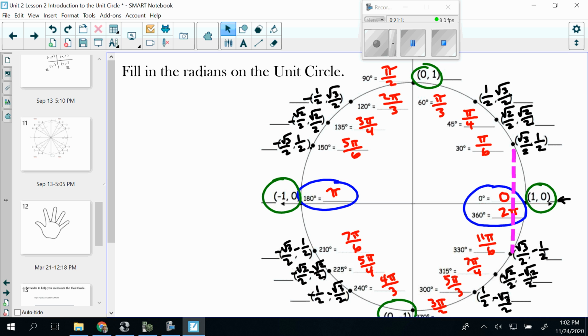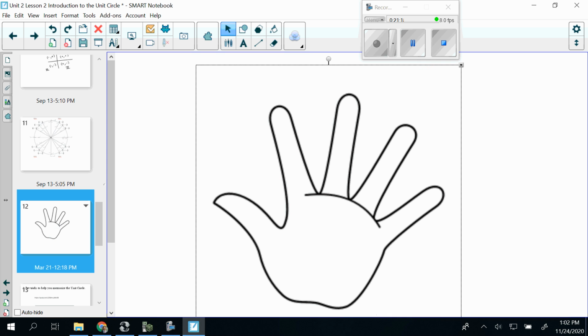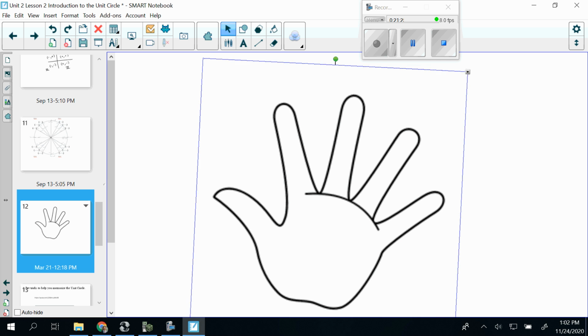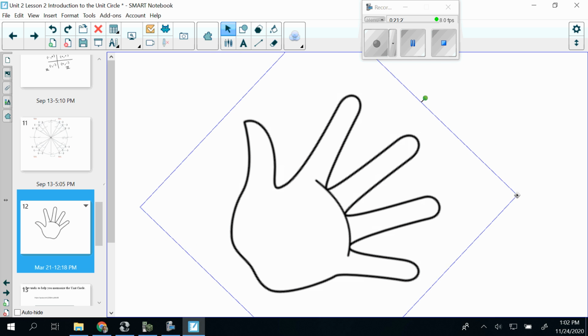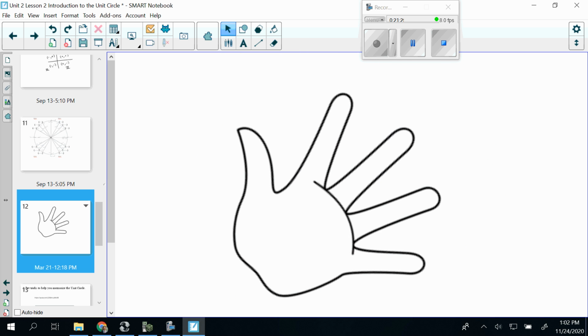Now, in the beginning, that might be kind of hard to remember. There is one little trick you can use with your hand if you want to memorize these. If you hold up your hand, and I like to do this sideways a little bit so it kind of mirrors the x and y axis, we're going to say your pinky here is 0 degrees.